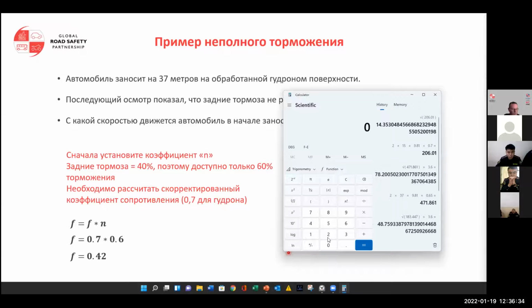And what do we got? 2 times 37 times gravity 9.81 times our adjusted, our reduced drag factor of 0.42. That's right, it hasn't picked up the decimal point. 0.42.